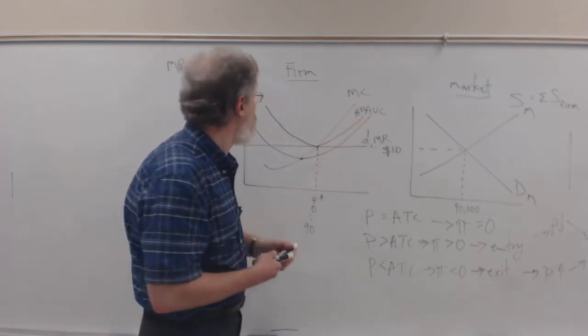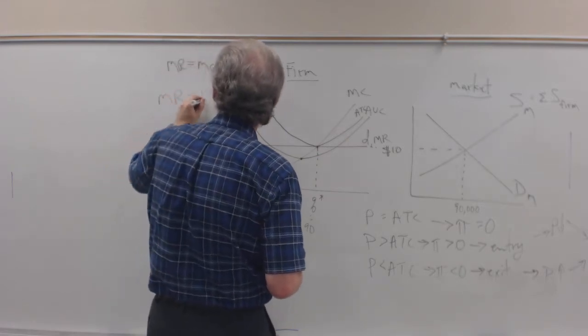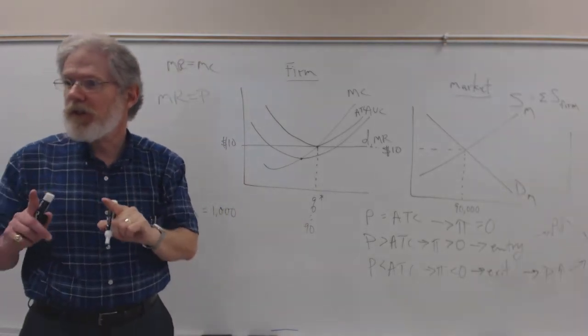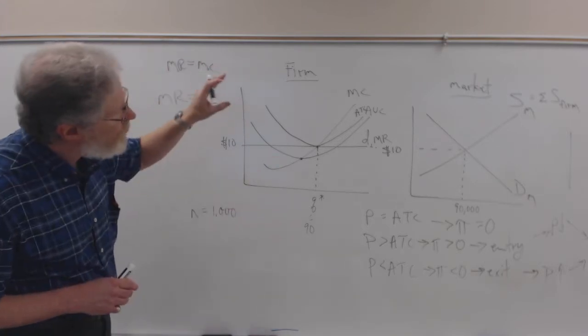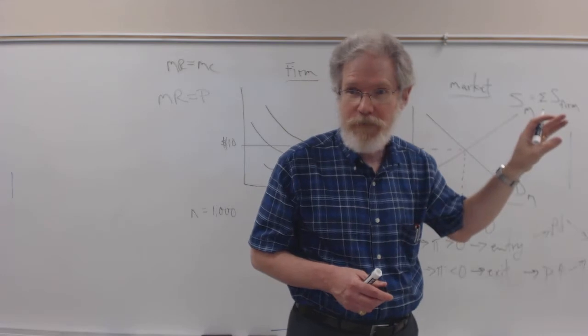So for price taker markets, marginal revenue will always be equal to the price. We're about to see that will not be true in the price searcher markets we're about to get into.